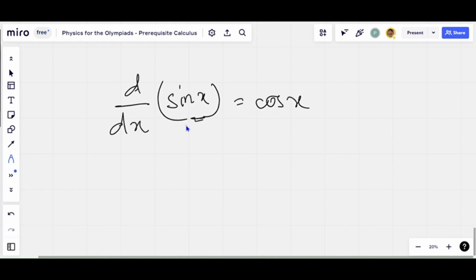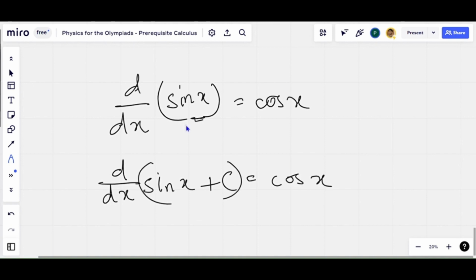So we can write this as d by dx of sine x plus c is equal to cos x. We note that for any real number, c is treated as a constant function. Its derivative is 0, and hence we can write it like this.